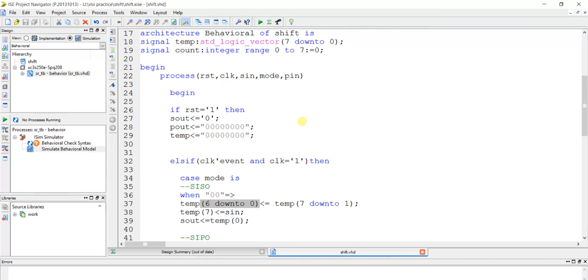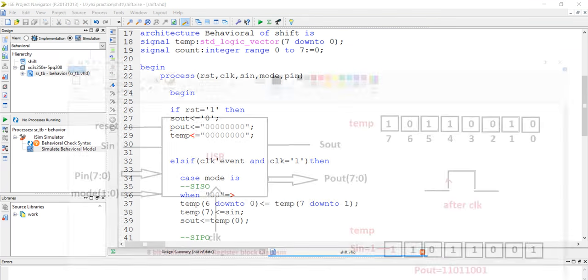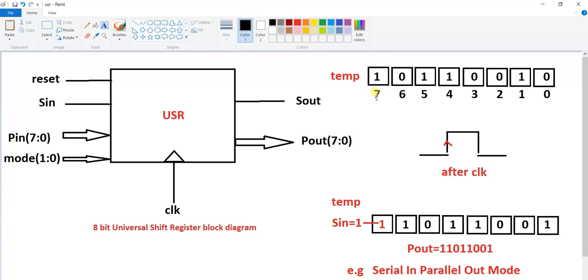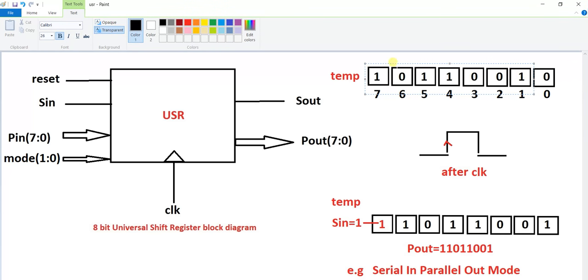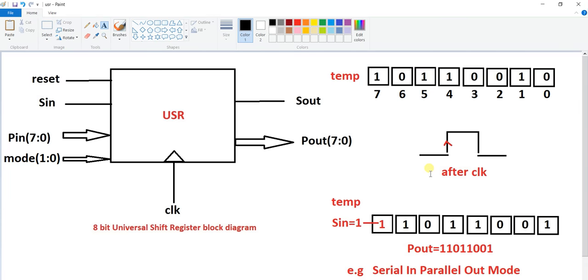Let's look at the diagram to see what this statement will do. 7 down to 1 means this part which you are looking at, 7 6 5 4 3 2 1, whichever bits are there, you are shifting them on 6 down to 0. These 7 bits will be shifted on 6 down to 0. As you can see, after the clock, the 1 at the 7 position will appear on the 6 position, and 0 will appear on the fifth position.